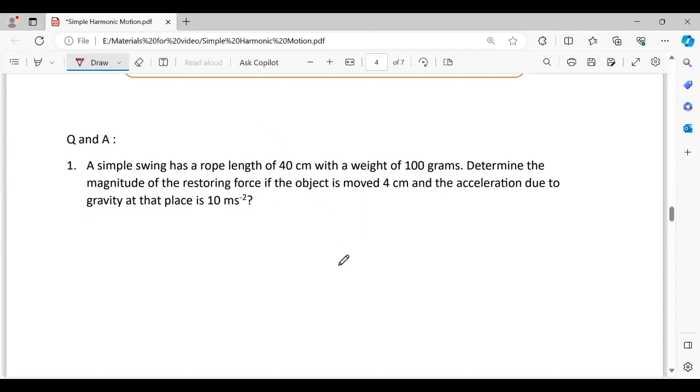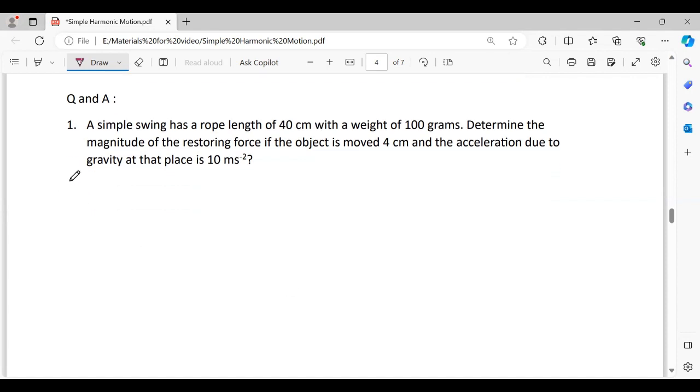Right. Firstly, we have to identify this problem: L equals 40 centimeters, but we have to convert it to meters because the unit of length is meters.